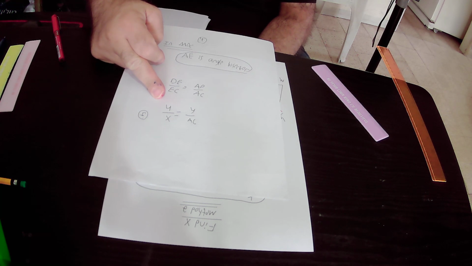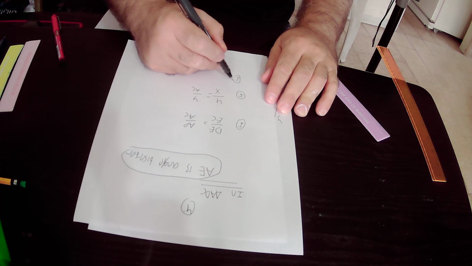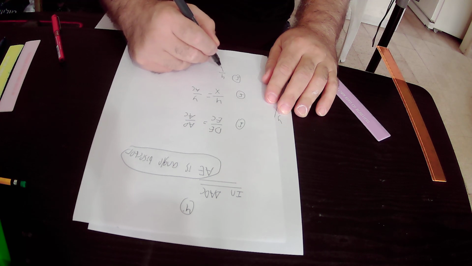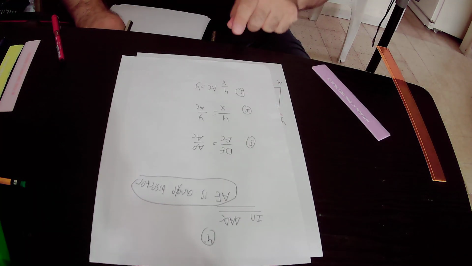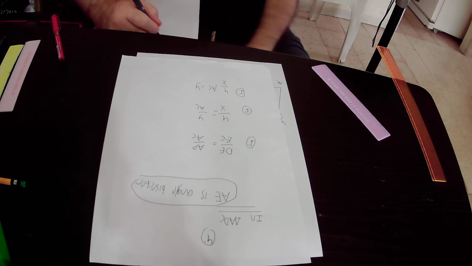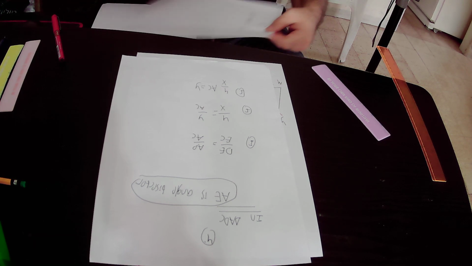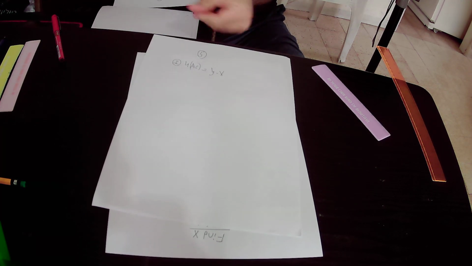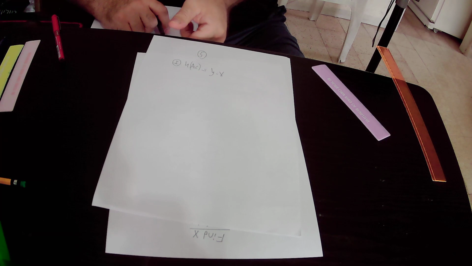Here we will multiply equation number 1 by AC, and we will get that 4 over X times AC equals Y. Then we will multiply equation 1 by X, and we will get that 4 times AC equals Y times X. Then we will divide by 4 in order to get the value of AC.